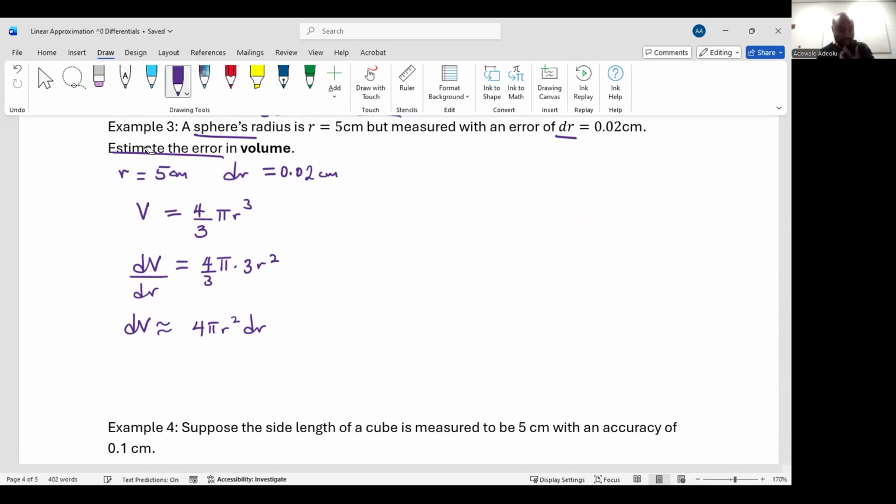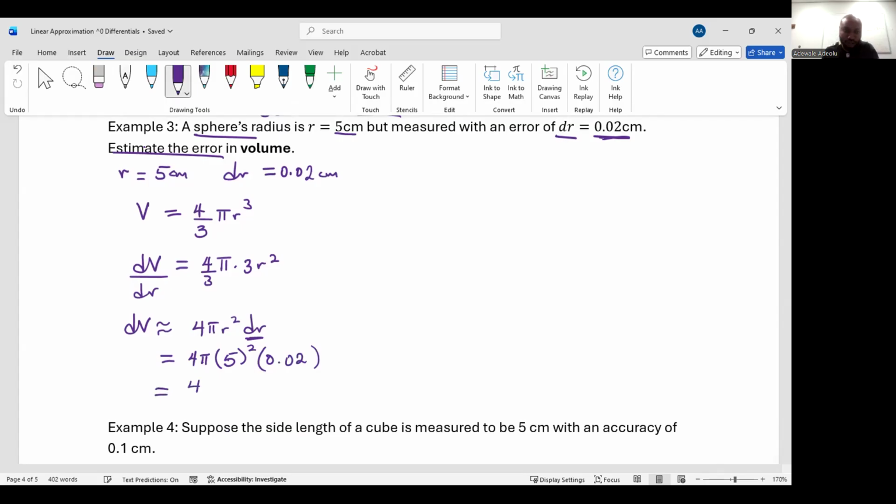Okay, so in this case, we know our dr, which is the error that we have. We know our radius to be 5, so we can know the change in the estimate of our volume, the error in the volume. So this is 4 pi times radius 5 squared times 0.02.